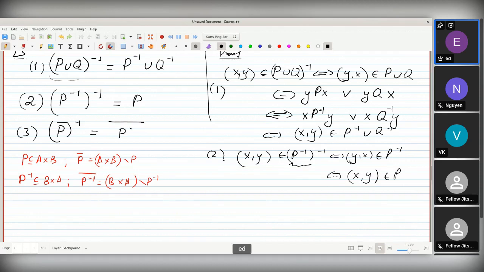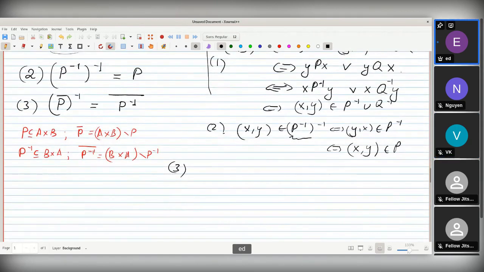The complement of the converse. Is this idea clear? Yes. Okay. So let's prove it, and then we shall see an example.